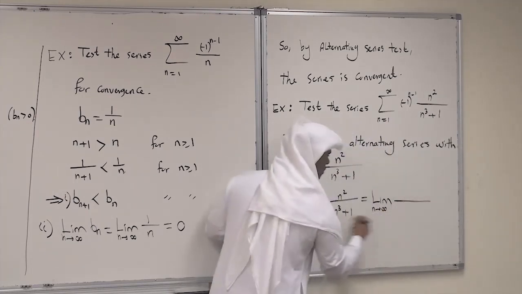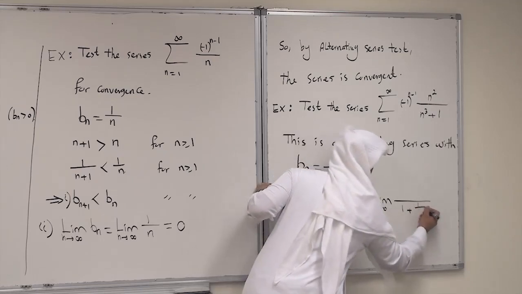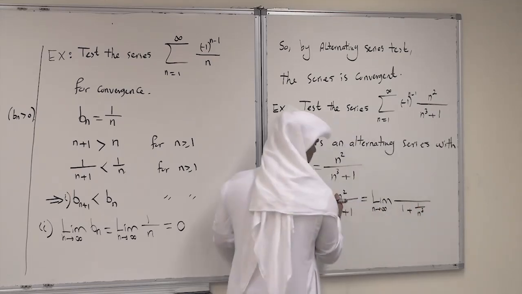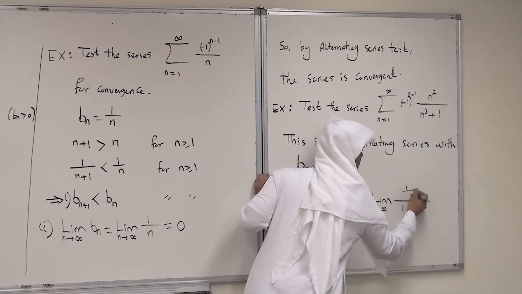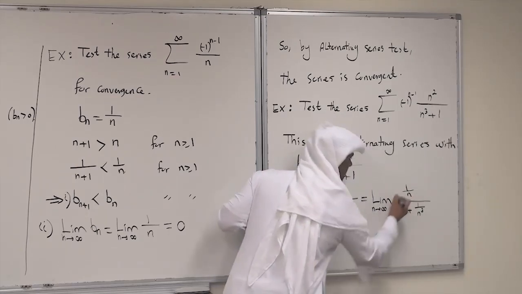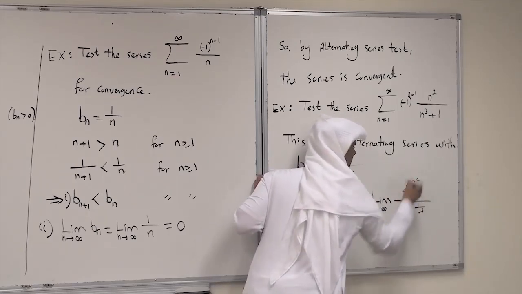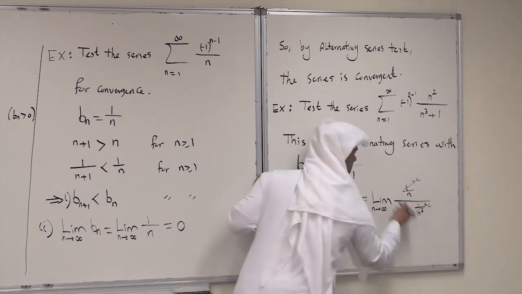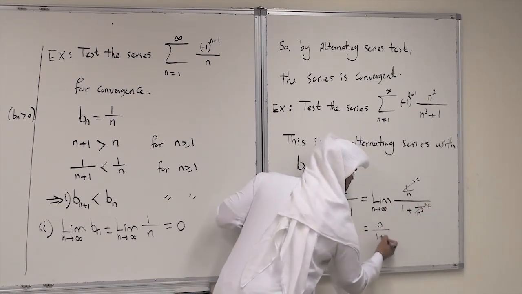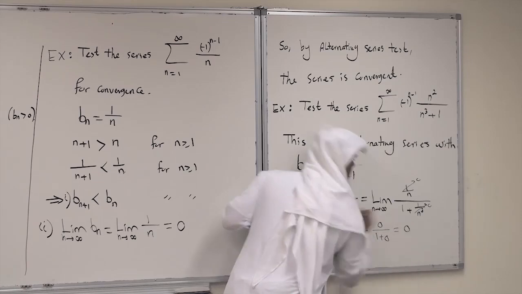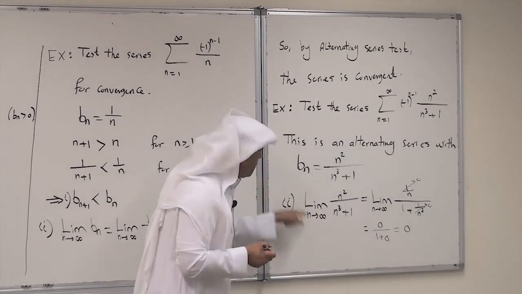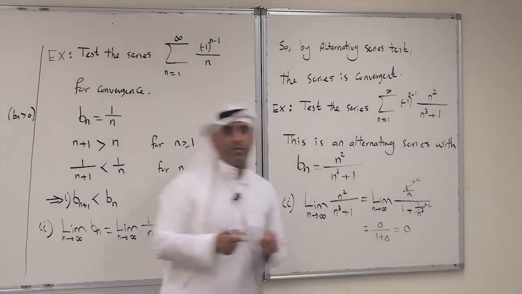Here, if you divide by n cubed, this will be 1 plus 1 over n cubed. And if you divide by n cubed upstairs, that will give you 1 over n. And we know that 1 over n goes to 0. This goes to 0 as n goes to infinity. So what we have is 0 over 1 plus 0, that's equal to 0 over 1, that's equal to 0. So yes, the limit of Bn as n goes to infinity equal to 0.